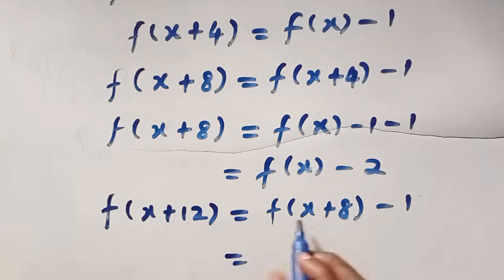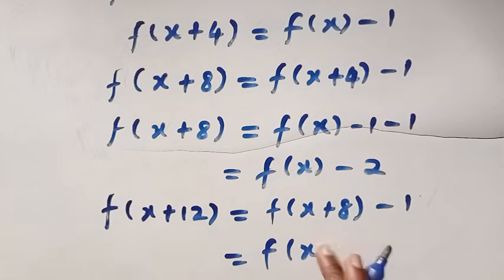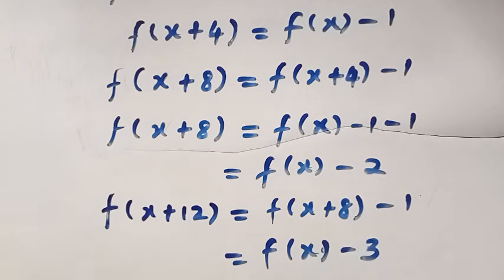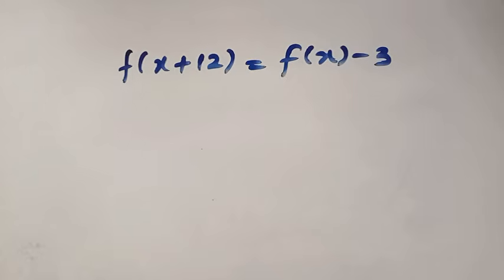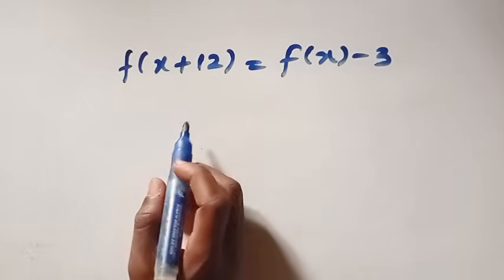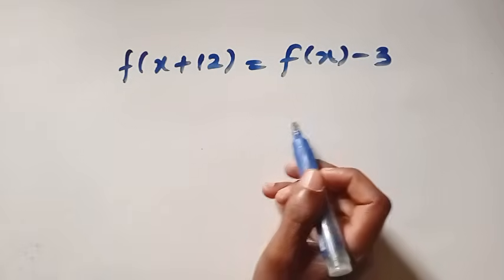So by computing this together, we are going to have f of x, then minus 3. So this is consistent. When it keeps going like that, the next one will be f of x plus 16 equals f of x minus 4.